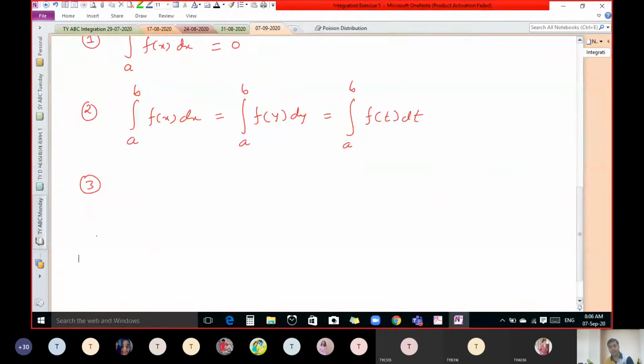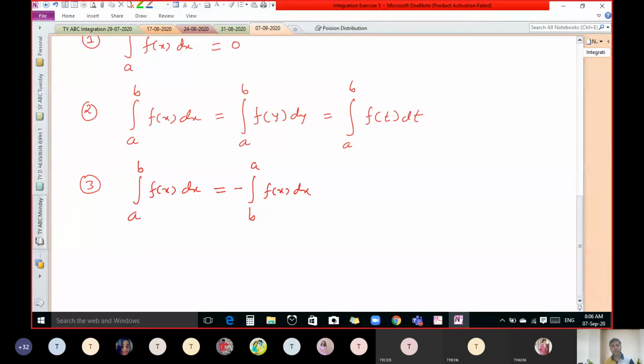Third, integration of f of x with respect to x, range a to b. Now instead of the range a to b, if we interchange the range, meaning we write b as the lower limit and a as the upper limit, then the answer remains the same but the sign changes.